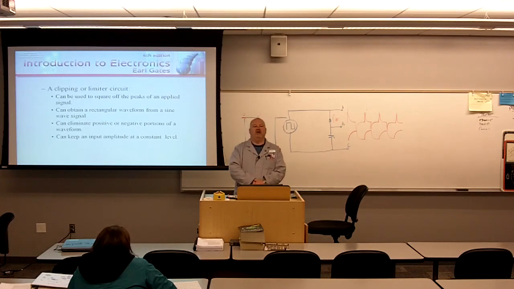This is very important in broadcasting. AM radio, AM stands for amplitude modulation. So basically, if you start increasing the amplitude beyond the specifications, you're going to transmit out more power.